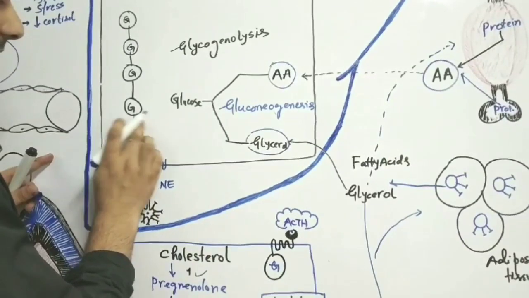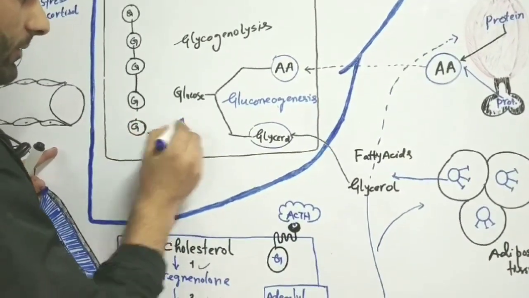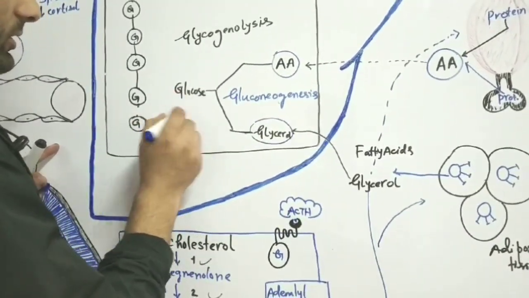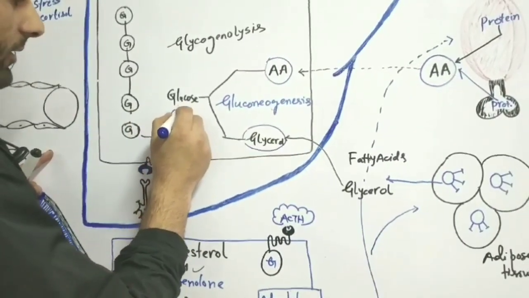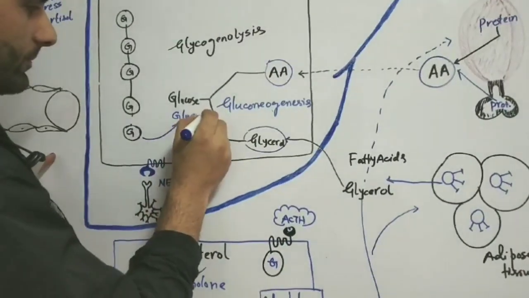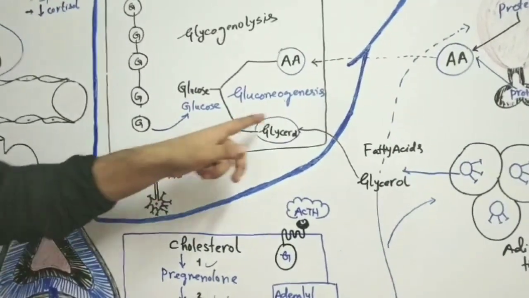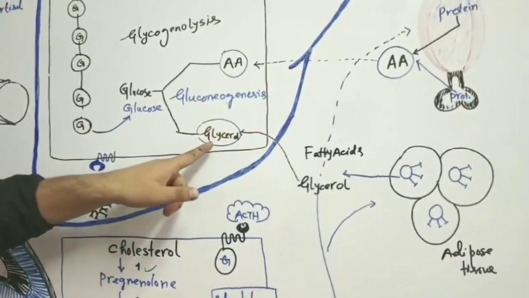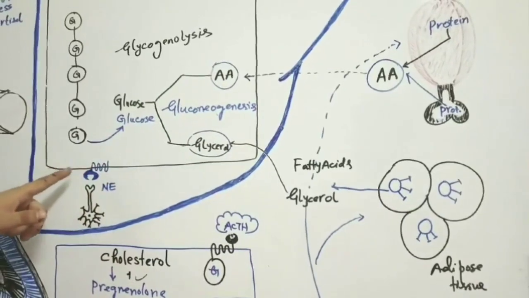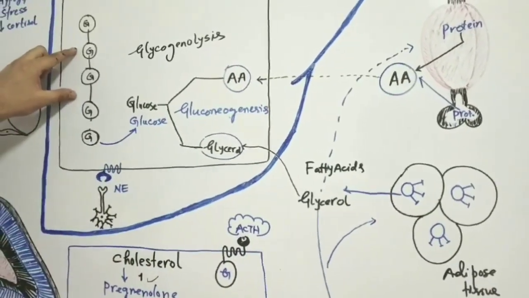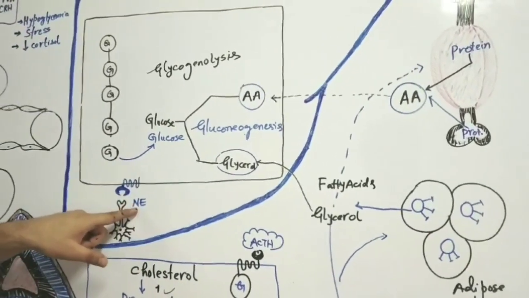This glucose molecule will be free. Now this will be formation of glucose again. Now we got the glucose from the amino acids, from the glycerol, and also from the glycogen due to the norepinephrine.